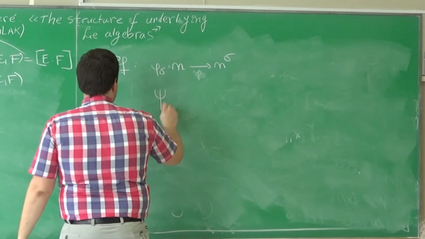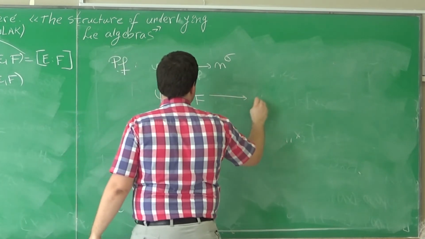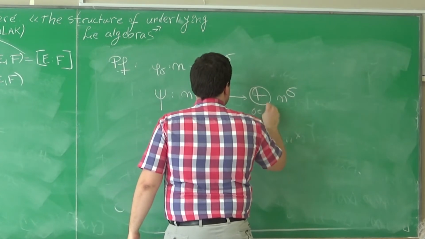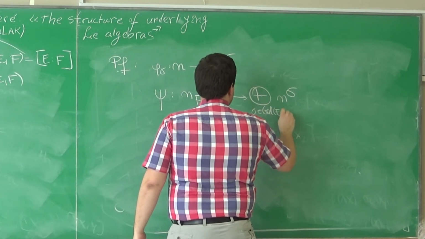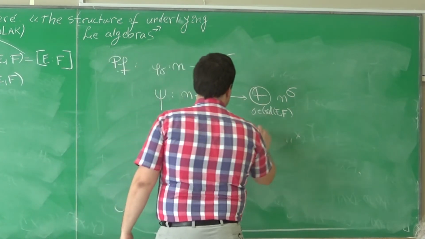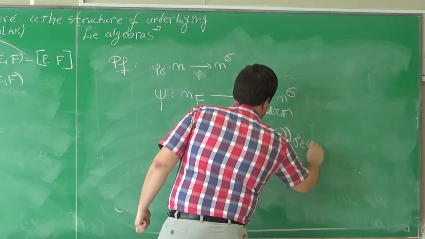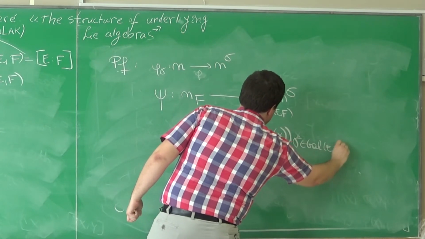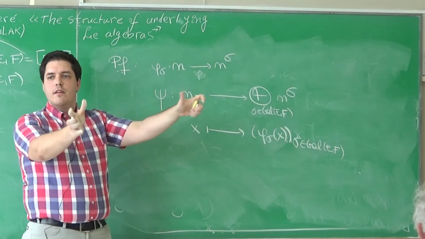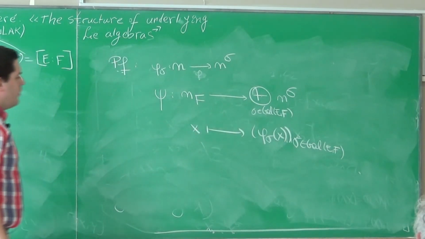And so our map psi goes from N_F to this direct sum. It is just mapping an element x to phi sigma of x, in all components. So you have a natural map from here to here, and you just glue them all together, you get one big map, and then you look at it over the field F. And that's all you do.